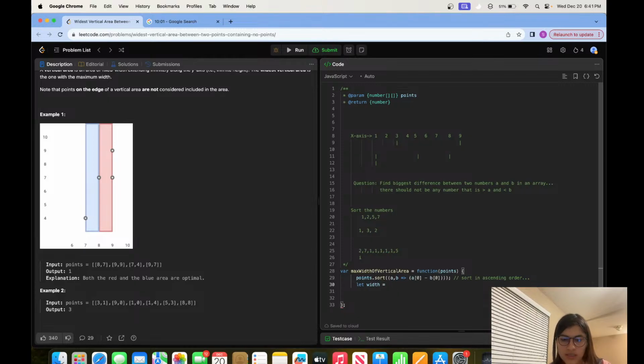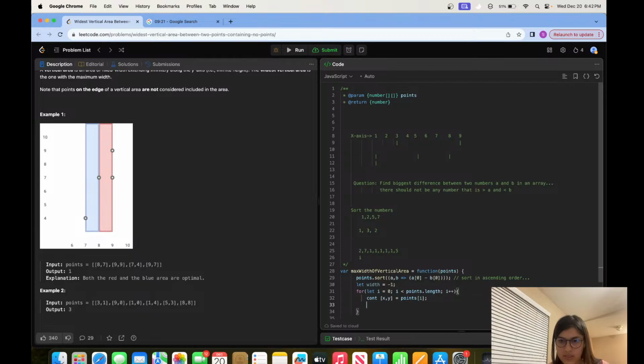Suppose I say it is negative in the beginning, and after that I can say, for constant xy of points, actually not xy points, but with i equal to 0, i less than points dot length, i plus plus, constant xy will be equal to points i.